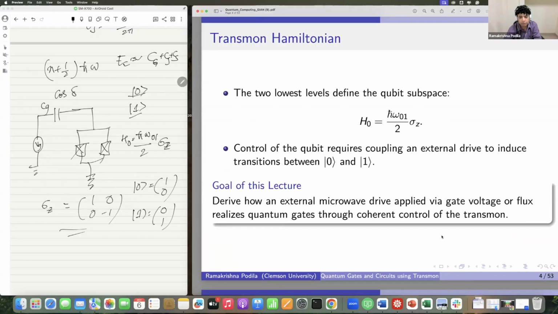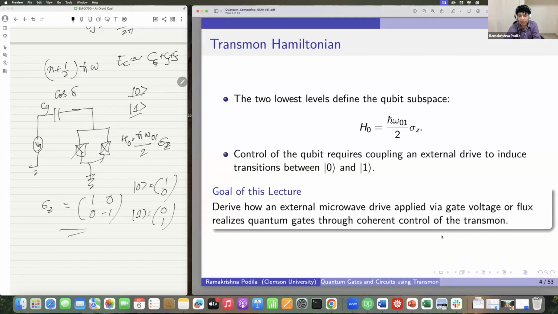So what we're going to do in this lecture is see, at least in a superficial way, how we initialize it, how we apply different gates, how I control these, how I calibrate it, and how I work with it.